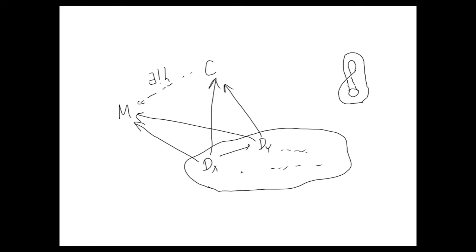So I'm going to draw a diagram which now looks outward, right? It will be this shape, and my push out will be given by these two maps. What's the best way to do that?